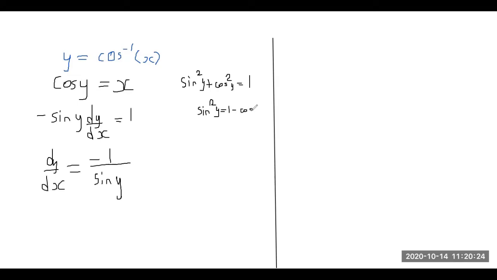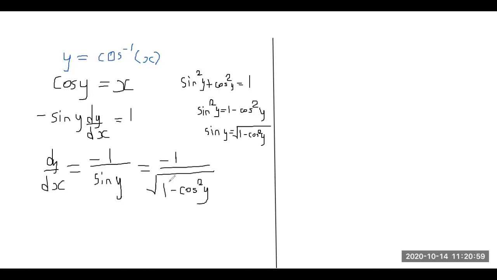And so sine y is then equal to the square root of 1 minus cos square y. And so dy by dx is going to be equal to minus 1 over sine y, which is the square root of 1 minus cos square y.